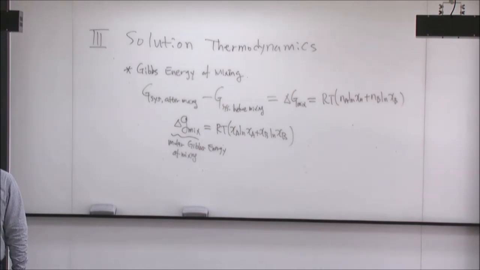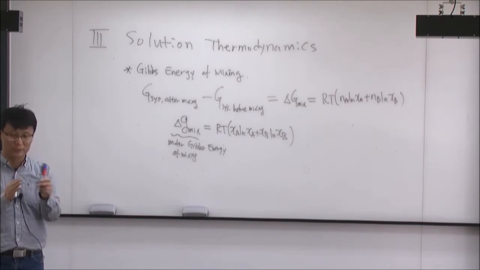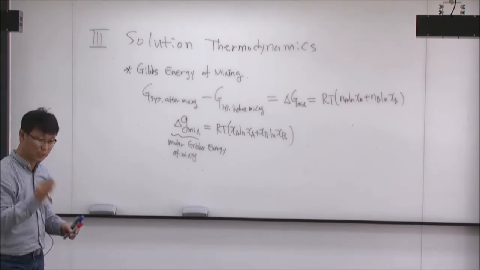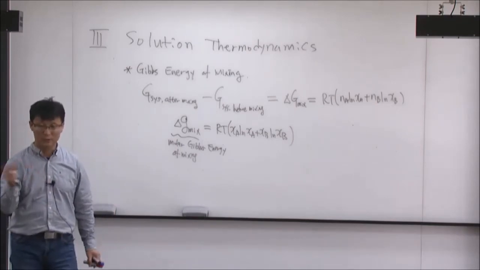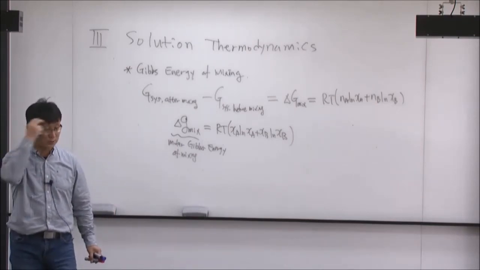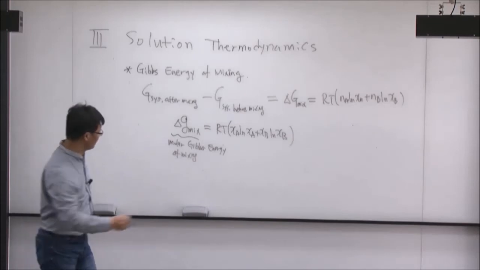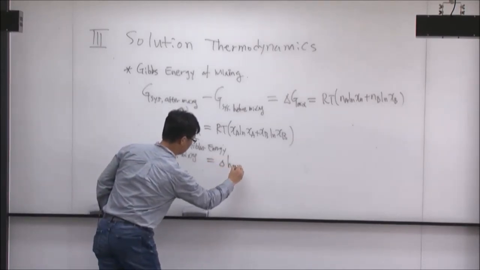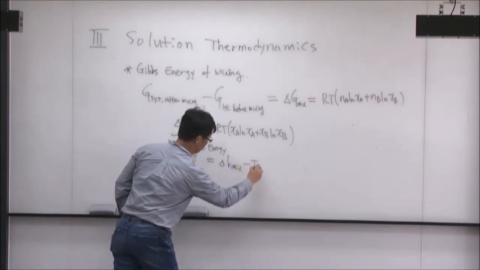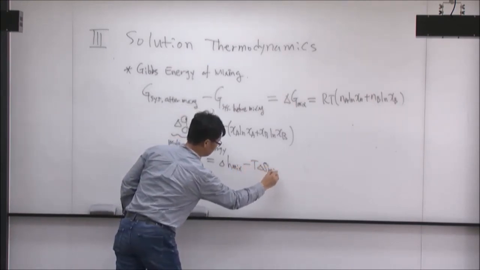So delta G equals delta H minus T delta S, because the temperature should be the same. That's the only way we can compare, at the given process, we only consider the same temperature, yeah? At the same temperature, that's equilibrium state. So delta G of mixing is basically the same as delta H of mixing minus T delta S of mixing.